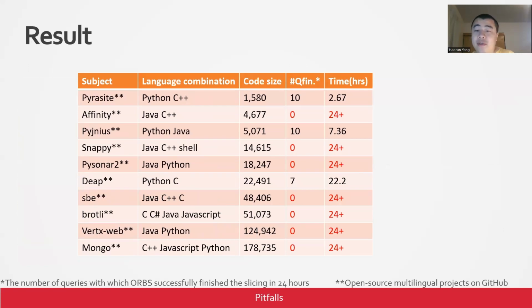As shown in the table, only this project saw some queries finish within 24 hours. ORPS times out for any queries on the other subjects. For the only 27 queries it returned a slice for, the average cost was 9.5 hours per query.